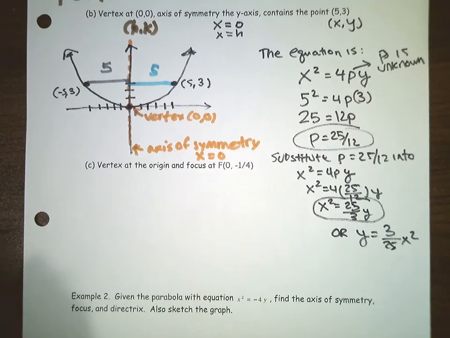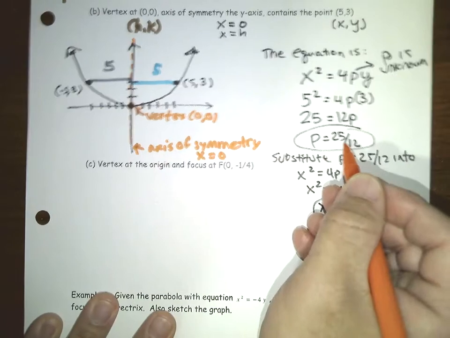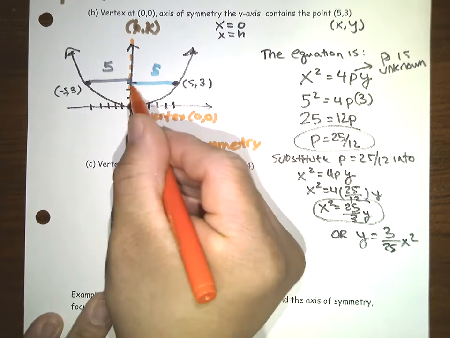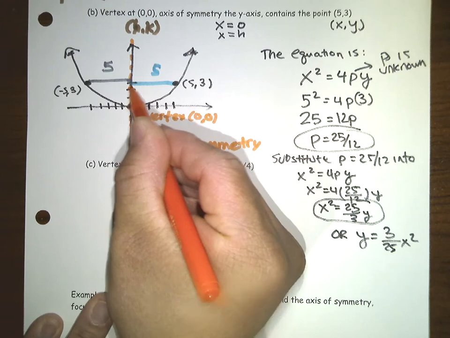And so look at this one. I didn't actually need to know the focus or the directrix to do this problem, but I could find it because I know p was 25 over 12, so that's a little bit above 2, so the focus is actually right here.